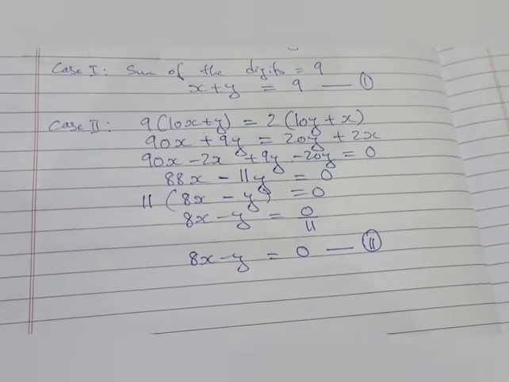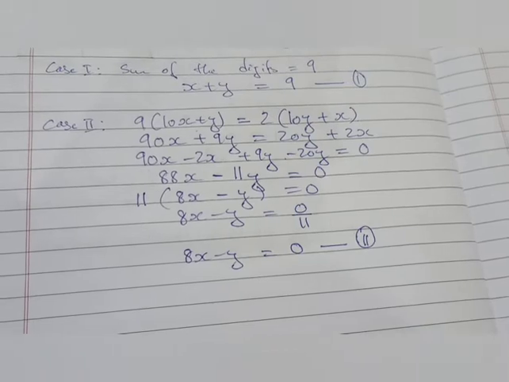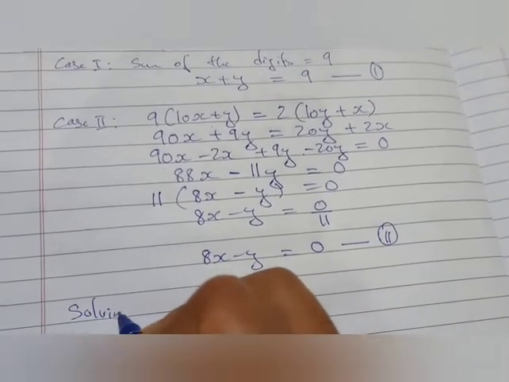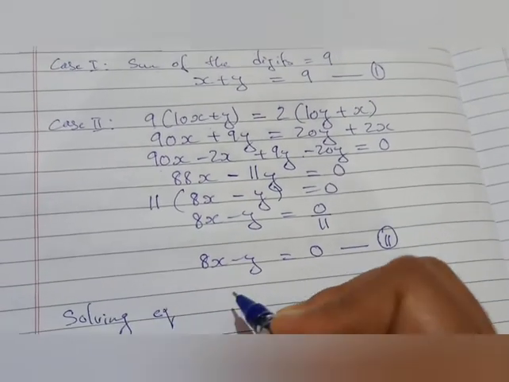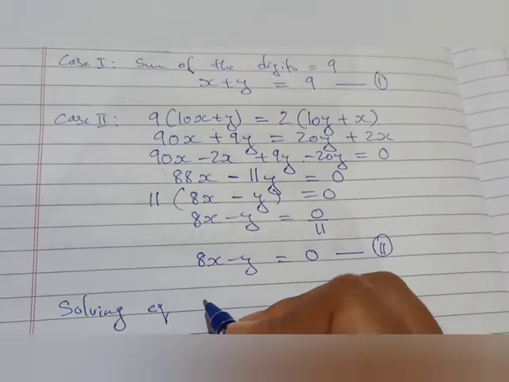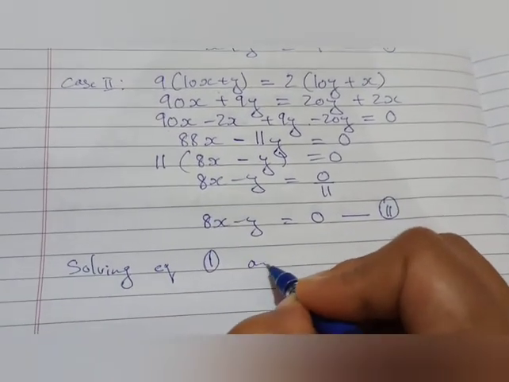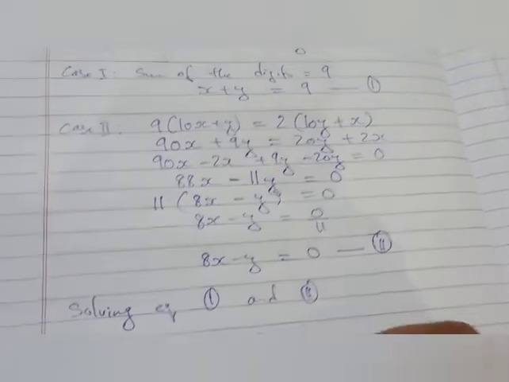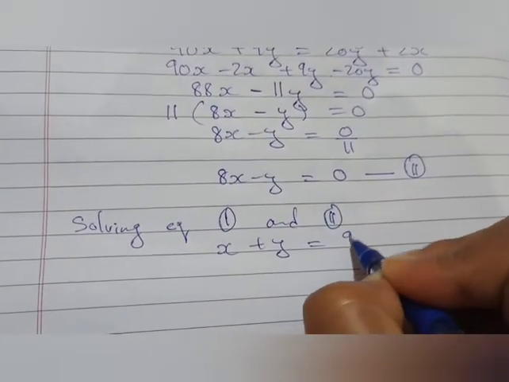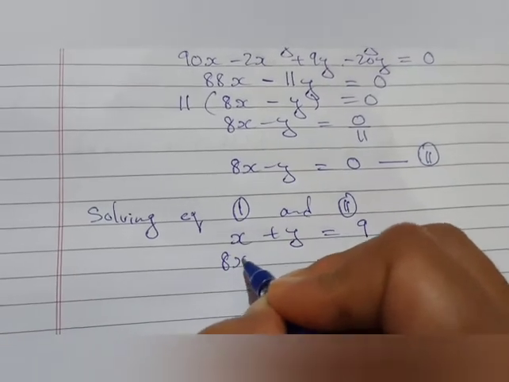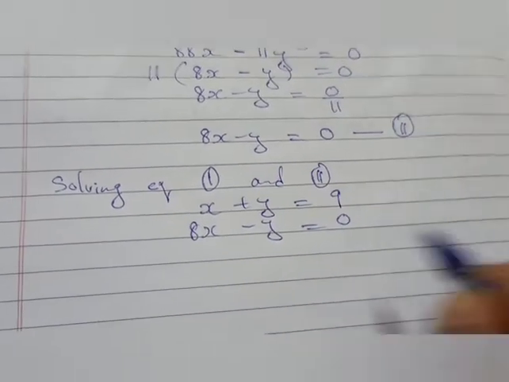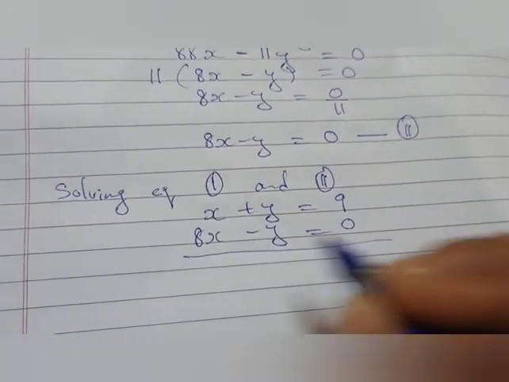Now these two equations can be solved quite easily using any algebraic method. Let's apply the elimination method. Solving equations 1 and 2: equation 1 is x plus y equals 9, and equation 2 is 8x minus y equals 0. We want to cancel y and their signs are already opposite.